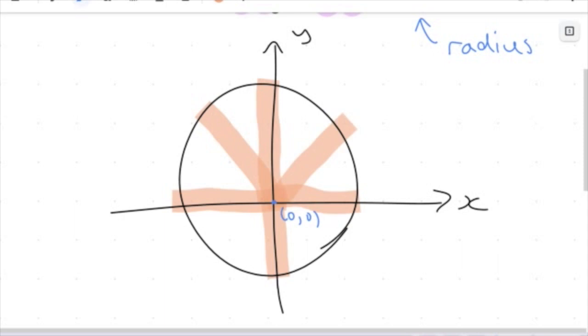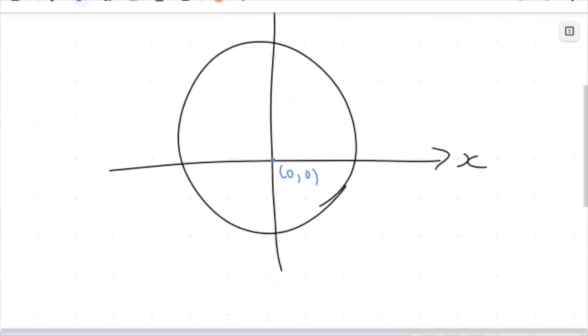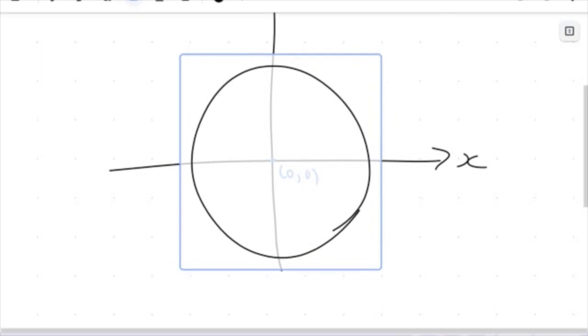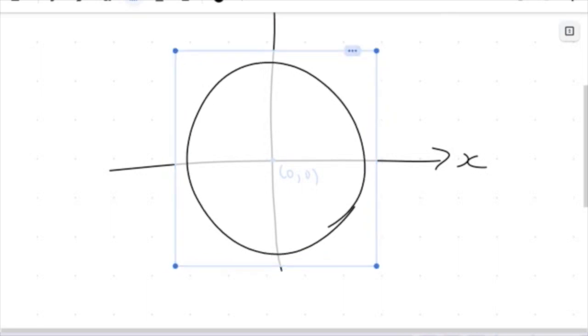I haven't drawn this to scale or very nicely, but each of those lengths is just the length of a radius because the center is at 0, 0. Let's actually just see if I can move this at all. Okay, that looks a bit nicer.